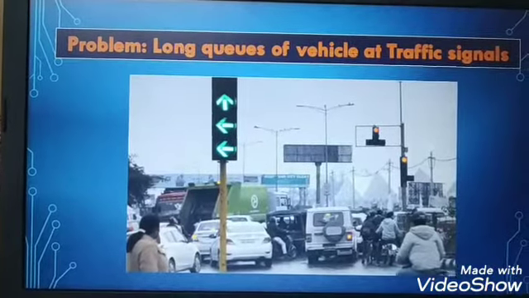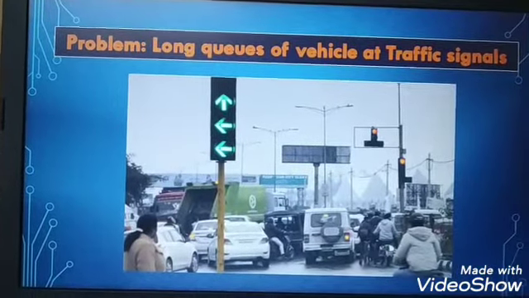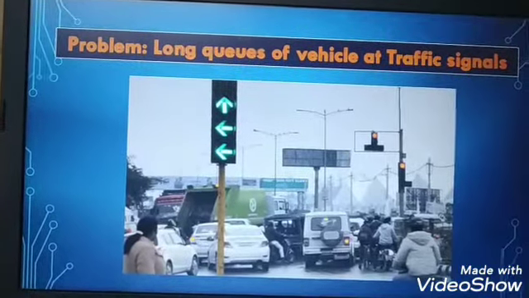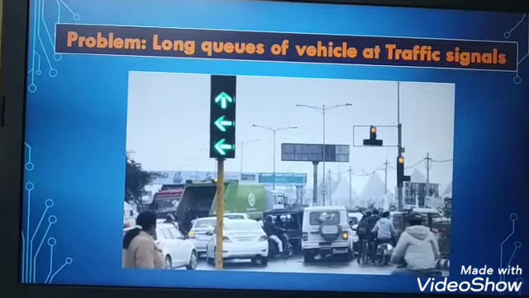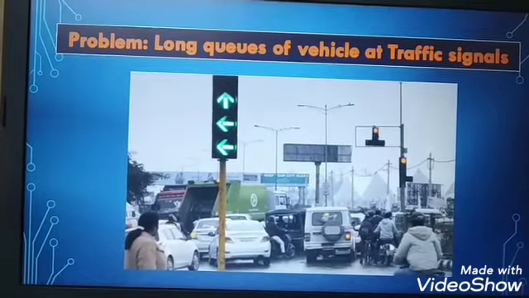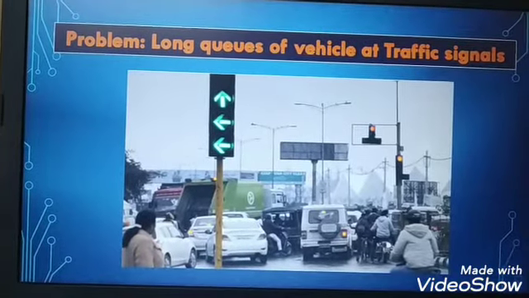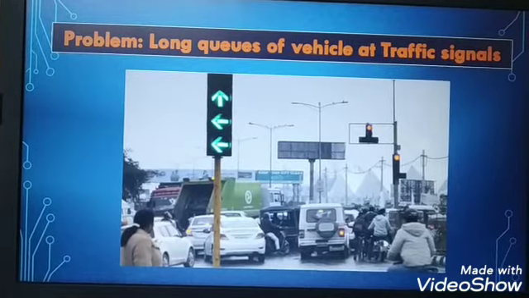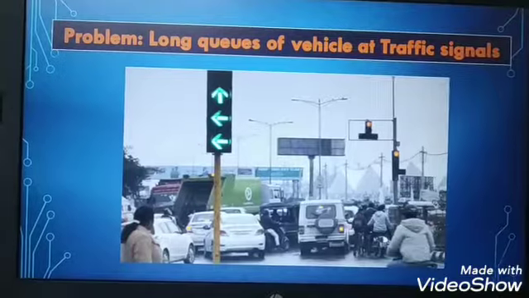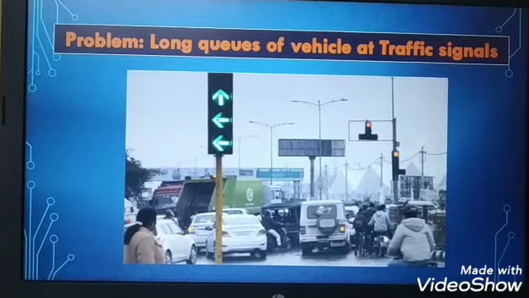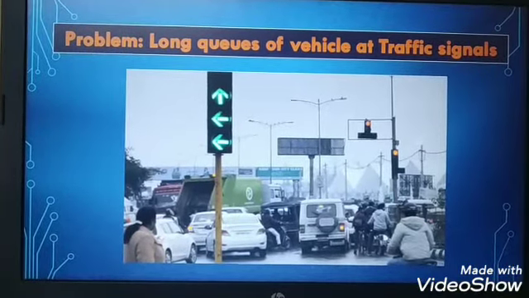People are in a rush every time, every second, and also some people do not follow the signals morally. That's a moral issue. They don't want to follow the signals. They want to move in their own way with their own rules. So these all create traffic jams and obstacles in smooth traffic movement.